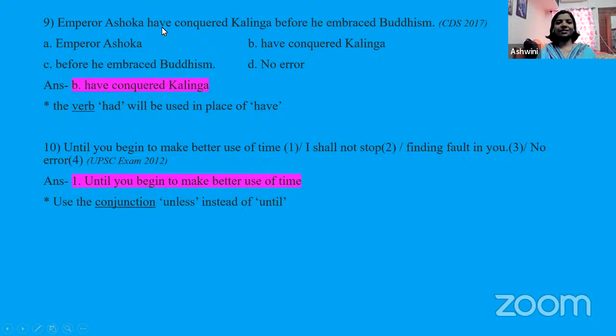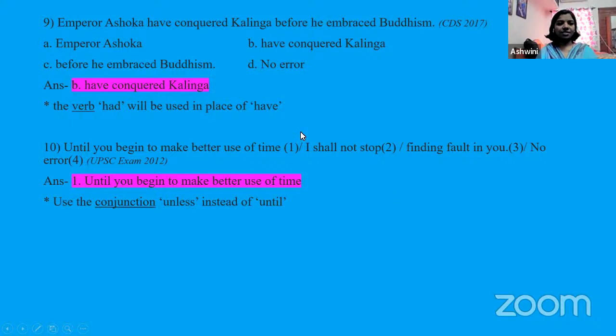We cannot use Emperor Ashoka with have. It should be had. Why had? Because conquered is a thing that is already done, the particular action is already done. So the verb had will be used in place of have.